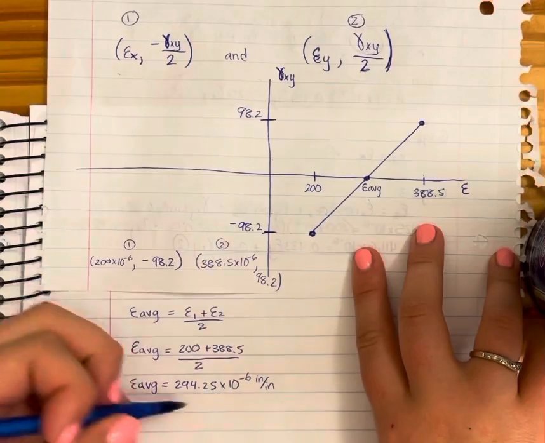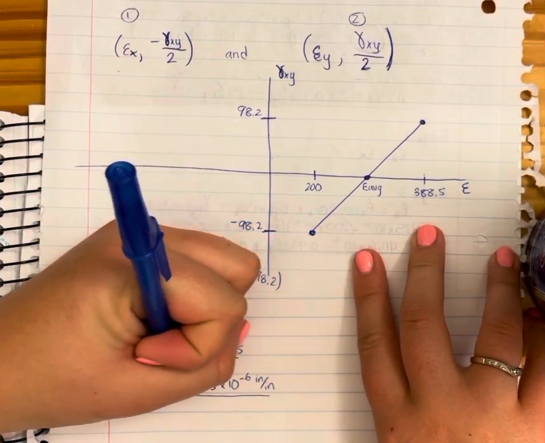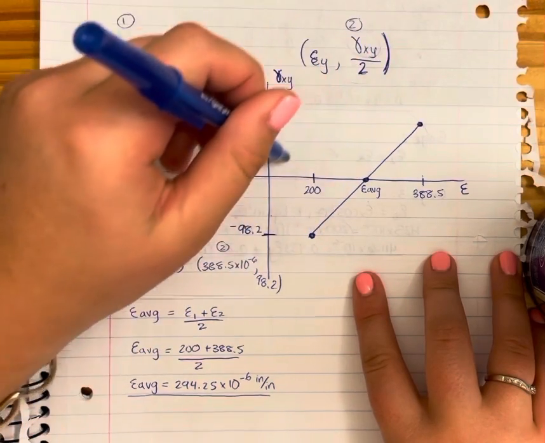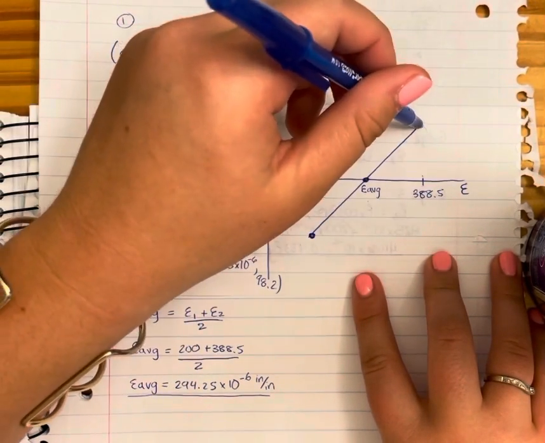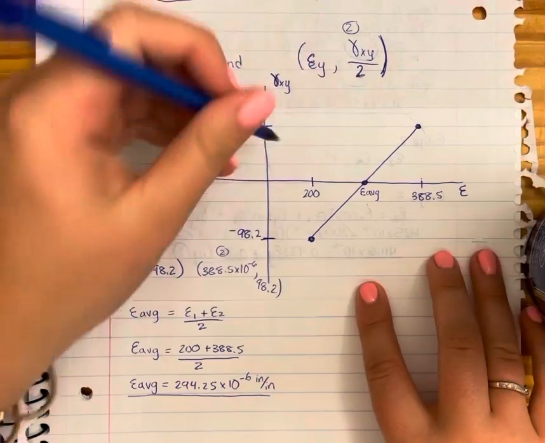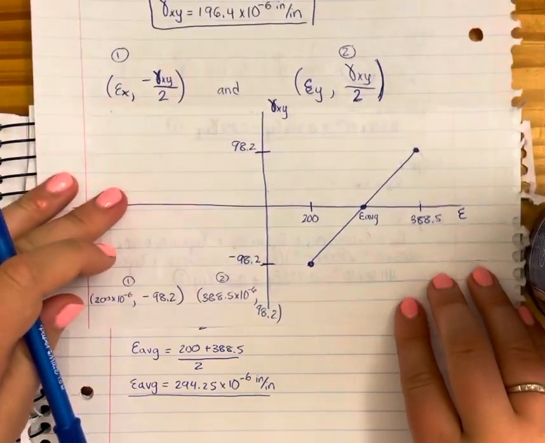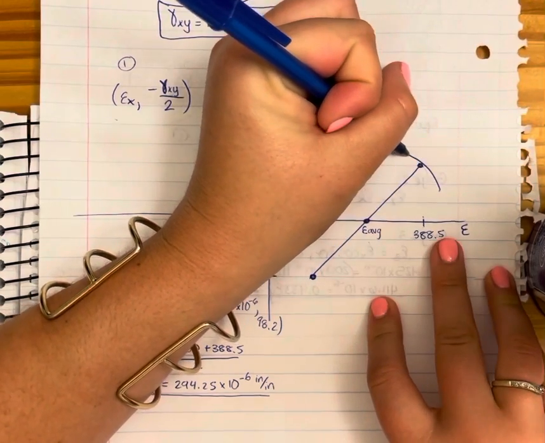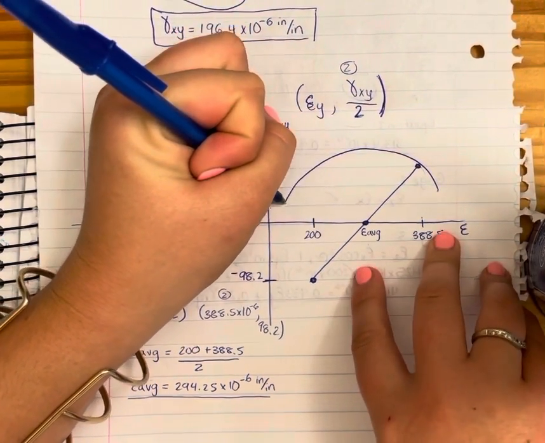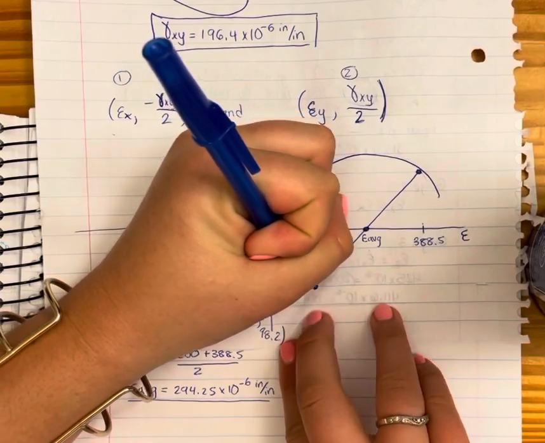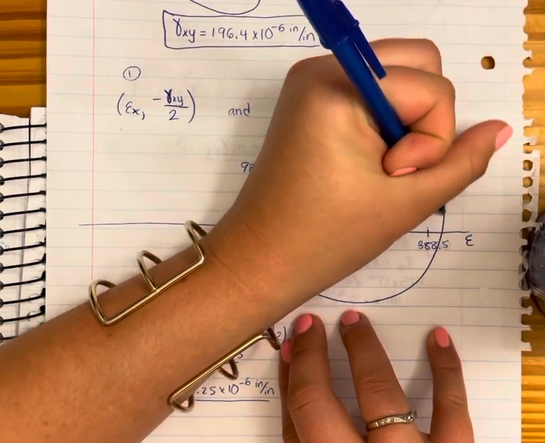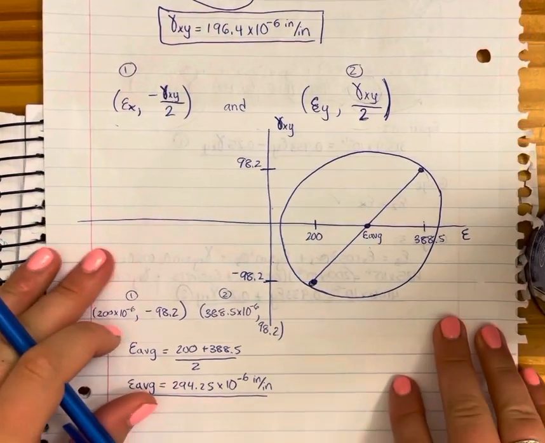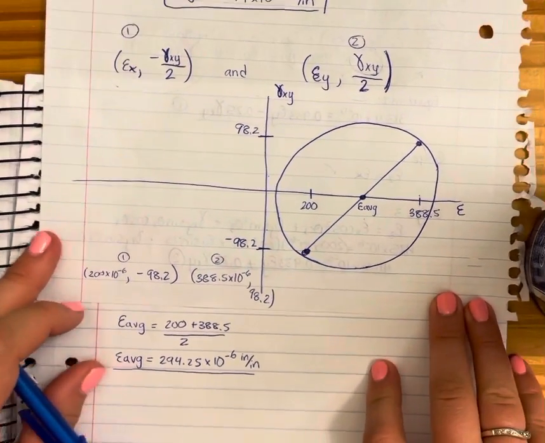Now that we have the strain average, we want to make a circle connecting these points together. Try your best to create a perfect circle. That's a little wonky, but it's okay.